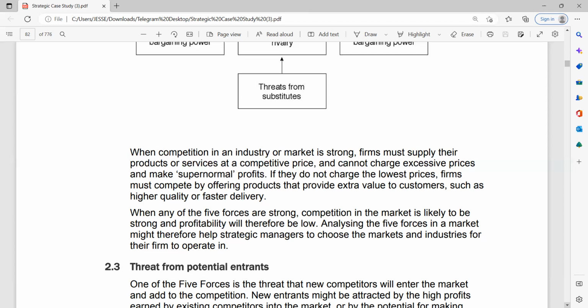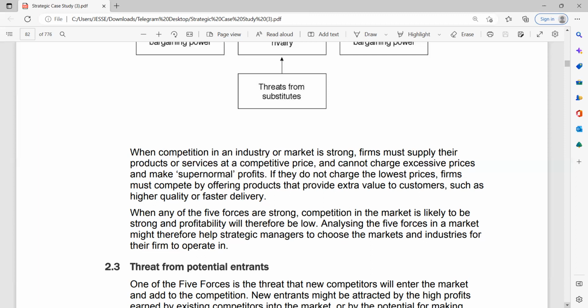So in a very competitive market, you must make sure that you don't charge an excessive price, and you should know that you might not be able to make supernormal profits.